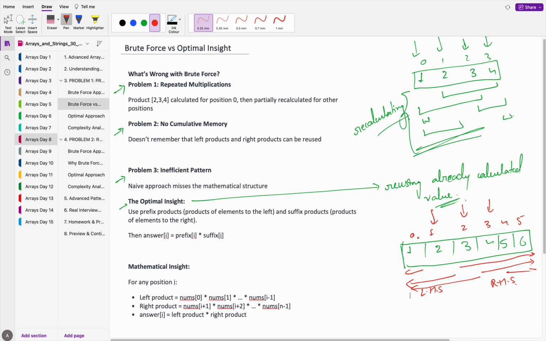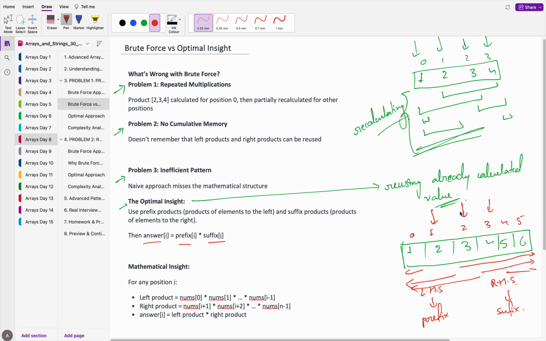You can see, so these left and right is what I am going to call the prefixes. Left we will call prefix and the right we will call suffix. Suffix is what comes later, prefix is what comes earlier. So the answer of I would be prefix of I and suffix of I multiplied with each other.